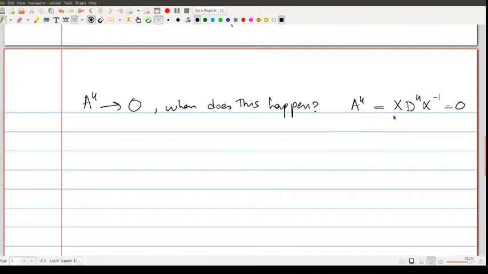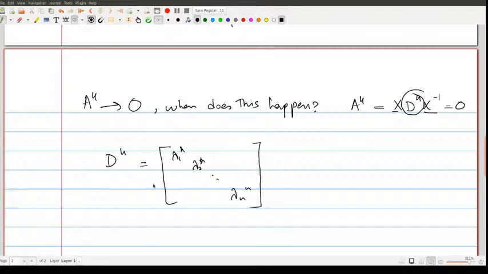But we already know that multiplying it k times has no effect on this X and X inverse, which means what's really going to go to 0 is D^k, right? Which is just the eigenvalues placed on the diagonals, lambda 1 to the k, lambda 2 to the k, and so on, lambda n to the k.